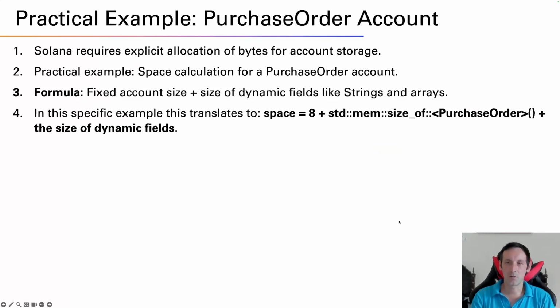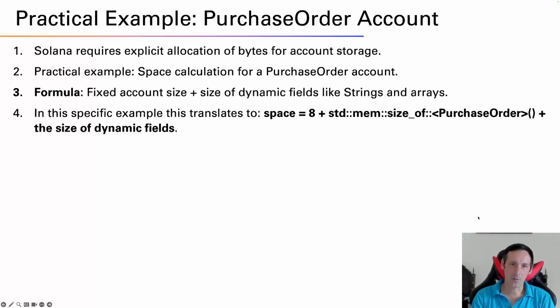All right, so another thing to remember is that in Solana, you need to explicitly calculate how much space an account will need. We talked about this already. Of course, this includes a fixed 8-byte overhead for the account itself and the dynamic size of fields like strings and arrays.